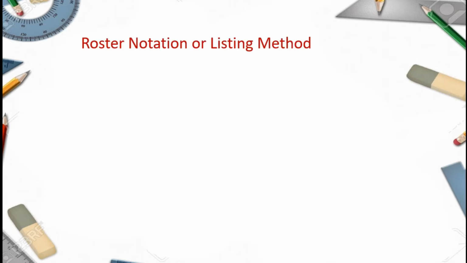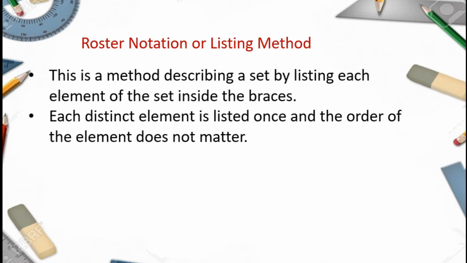Roster notation, or what we call the listing method, is a method of describing a set by listing each element of the set inside the braces. Remember, each distinct element is listed once and the order of the elements does not matter.